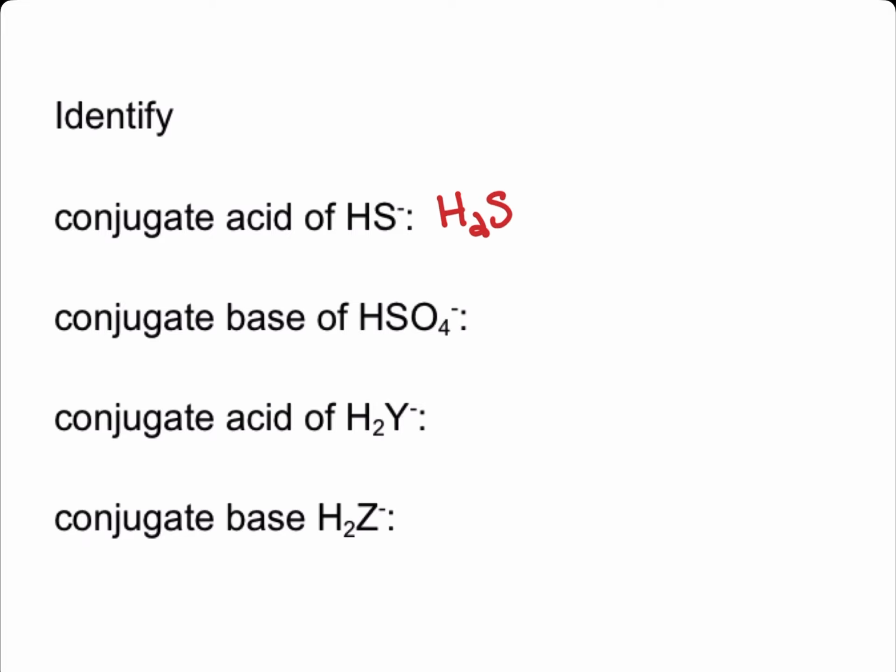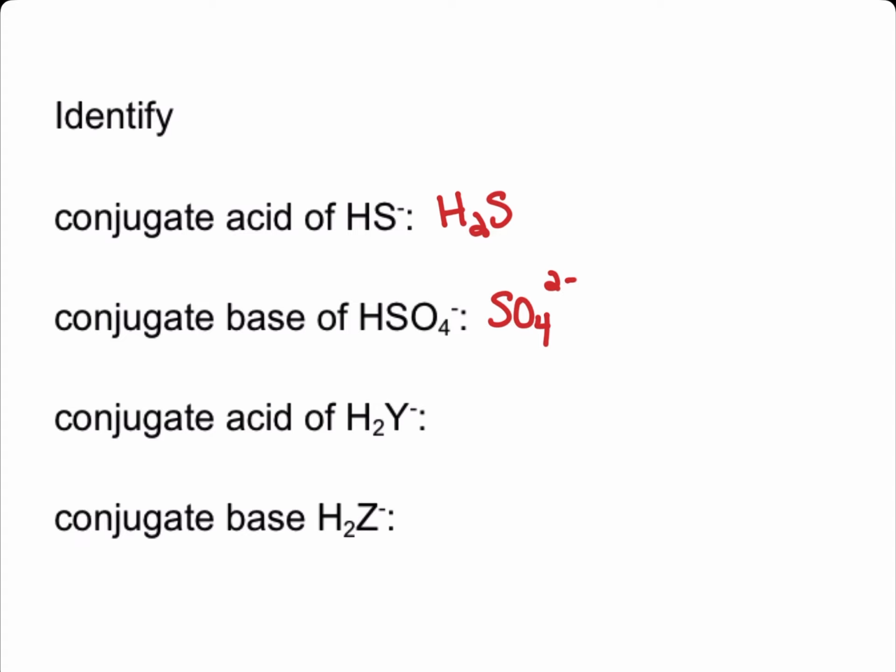So HS- is the base, the conjugate acid is H2S. Identify the conjugate base of HSO4-. So that means imagine HSO4- as an acid. What do acids do? They give up a proton. They give up an H+. So if I give up an H+, it becomes SO4 2-.